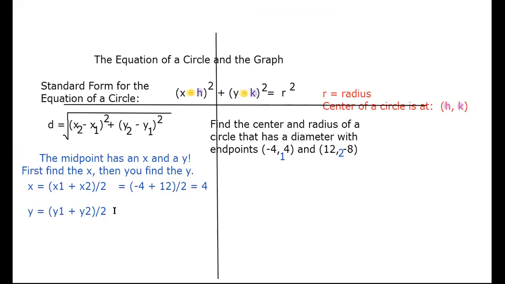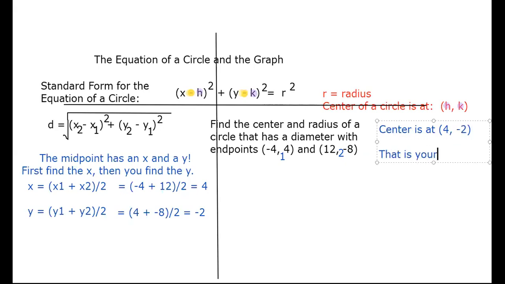The other one is your y1 plus y2 over 2. So you have 4 plus -8, all of that divided by 2. When you put that in your calculator, you're going to get -2 for your y. That tells you that the very center of the circle, because it's the midpoint of the diameter, the center is at 4, -2.